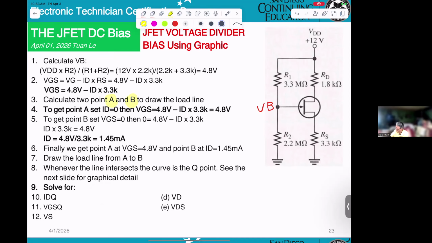And B, to draw the load line. To get point A, set ID equals 0. Then VGS will be 4.84.